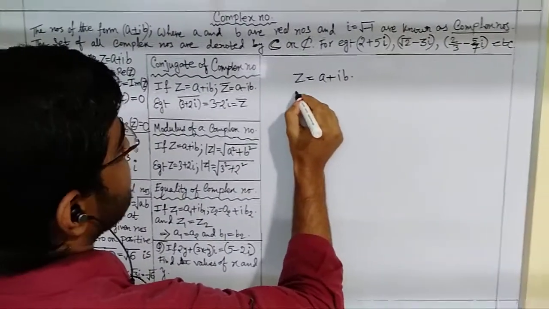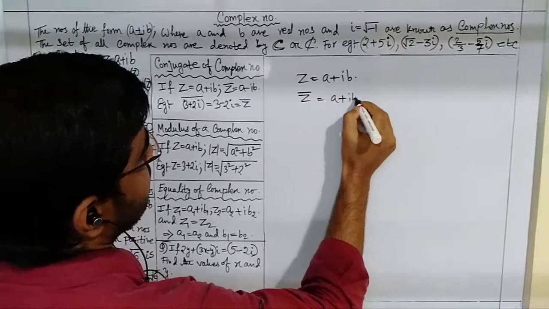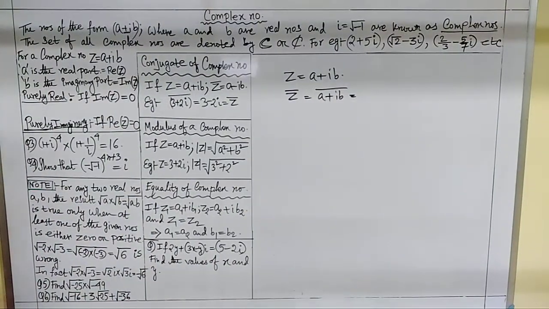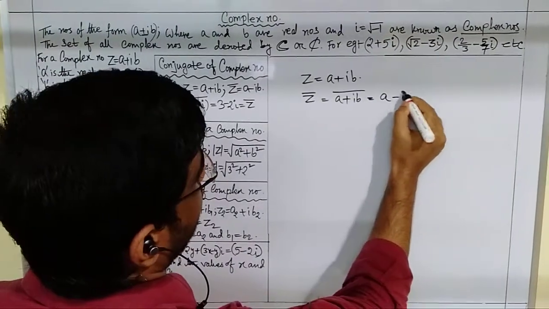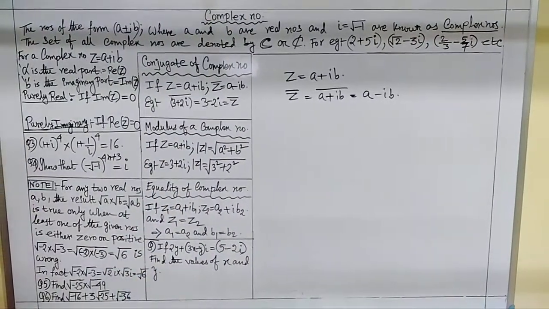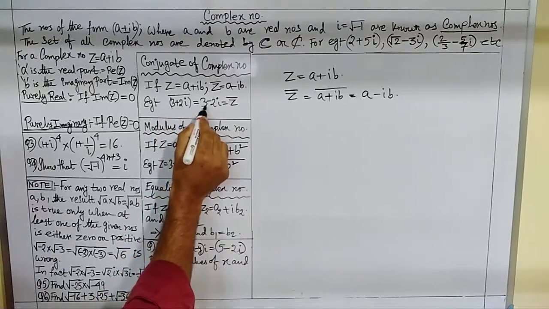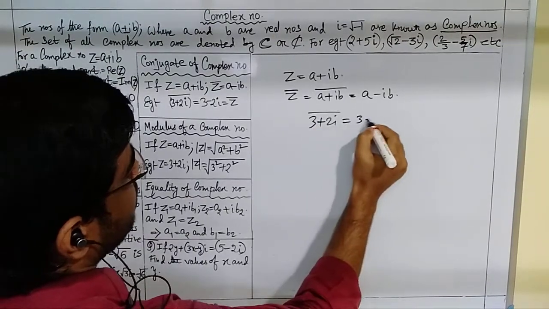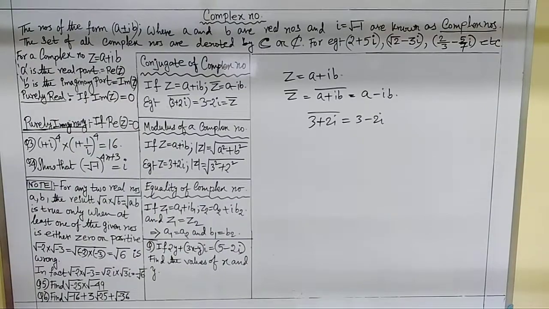Now, conjugate means I will give a bar here, and it is an operator which changes the sign between the real part and the imaginary part. So it will be a minus ib. This is the conjugate. I have taken an example: 3 plus 2i, its conjugate will be 3 minus 2i. Alright, so this is the definition of a conjugate.